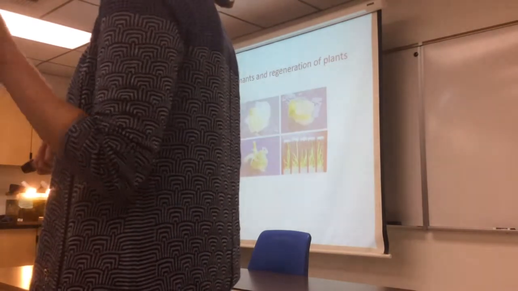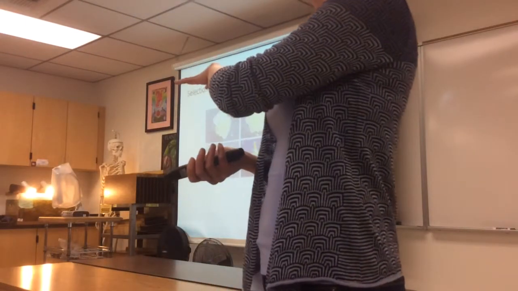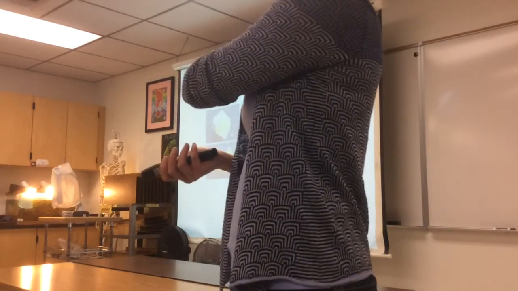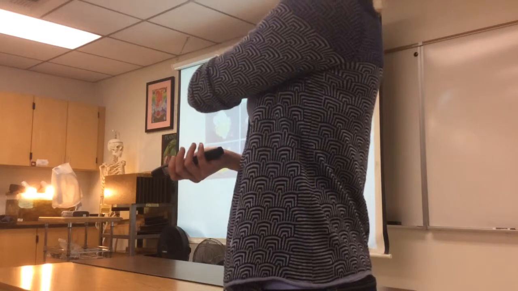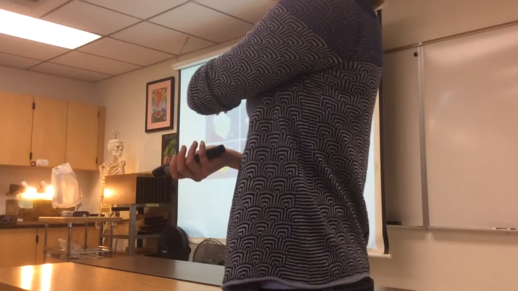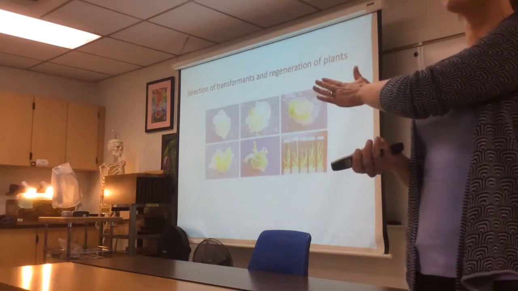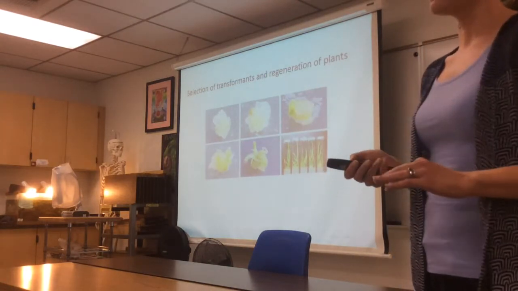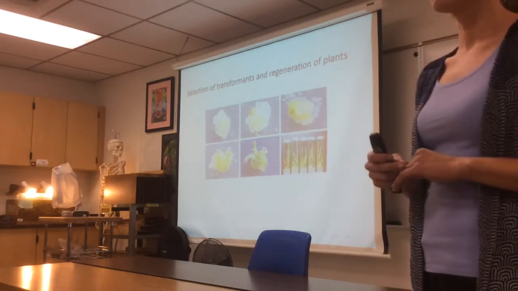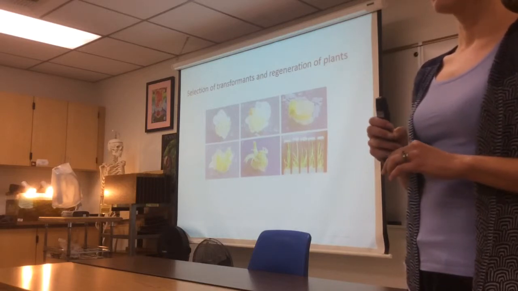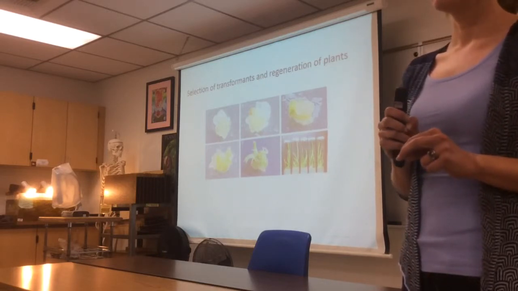So people shoot those gold particles at this undifferentiated tissue, and then once that tissue has been transformed, then through these tissue culture methods you can regrow plants that are transgenic. So are there questions about that stuff from last week that Jeff talked about before I go on? Okay.